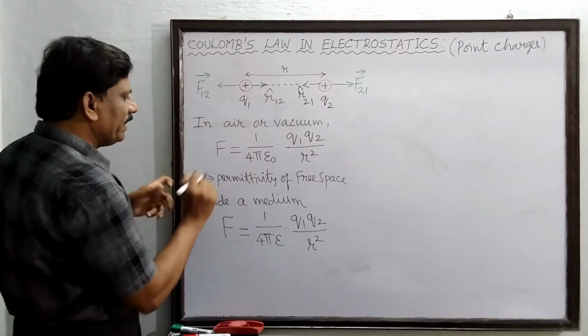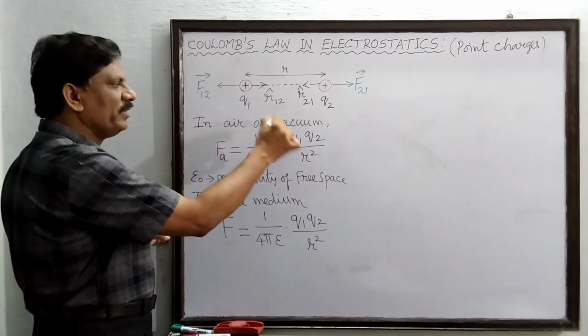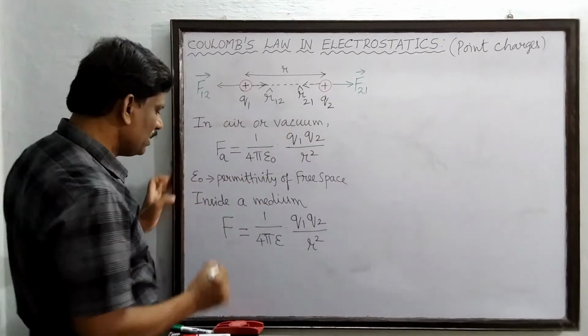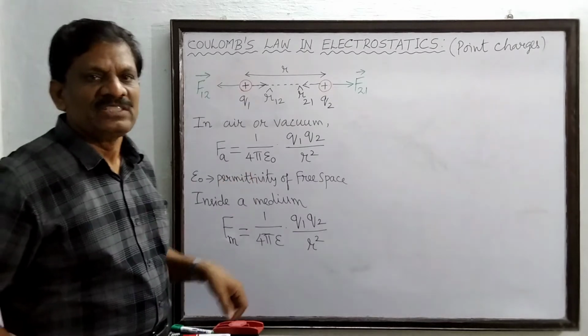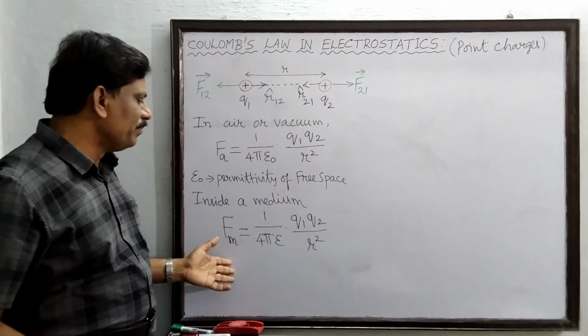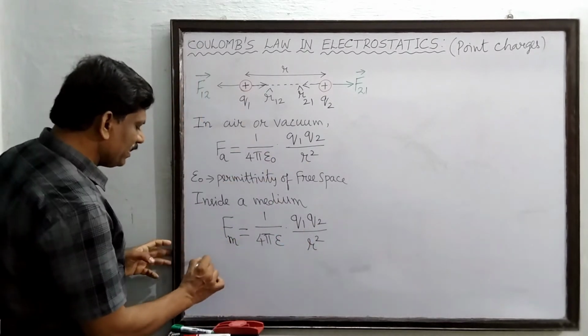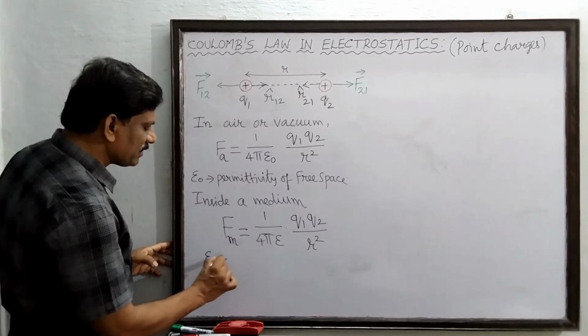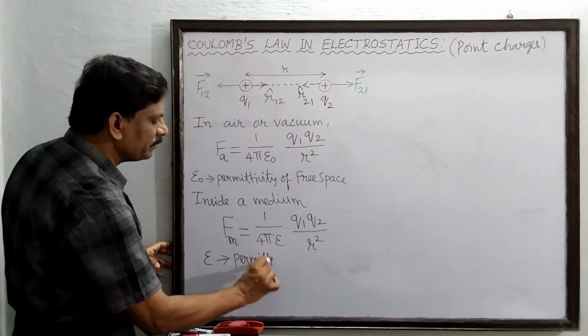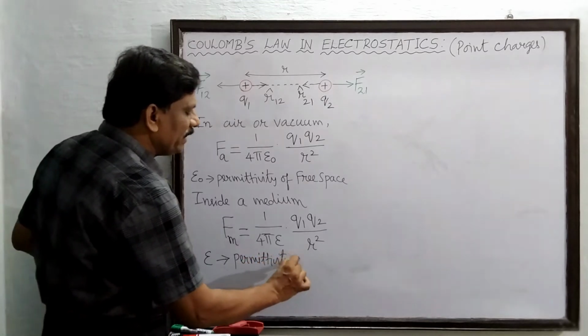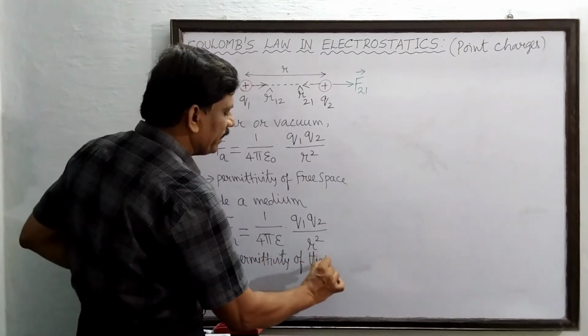So Fa is the symbol for the force between the two charges in air or vacuum, and Fm is the symbol for the force between the charges in a given medium, where epsilon is called the permittivity of the given medium.